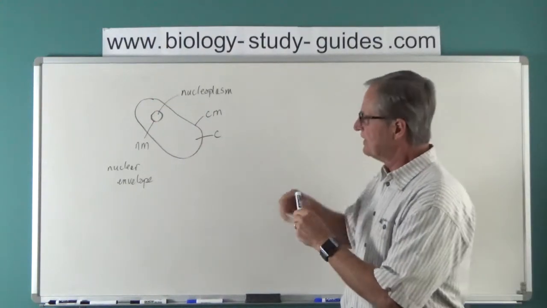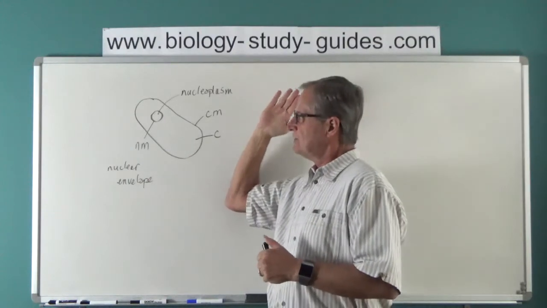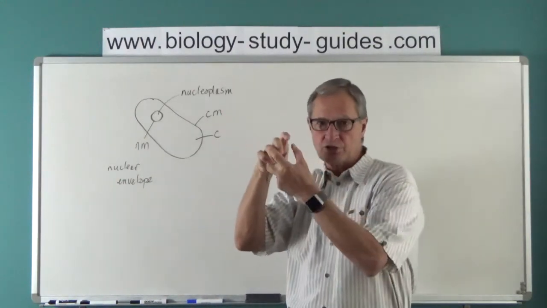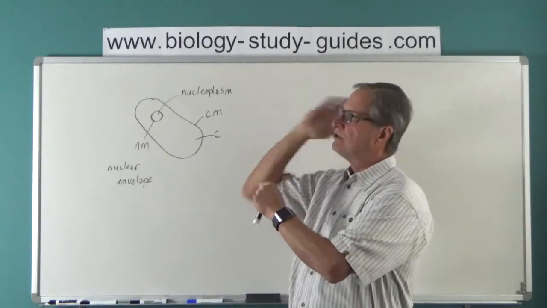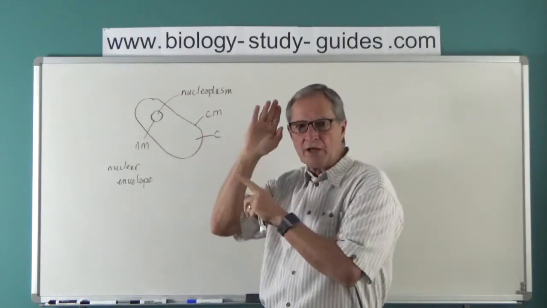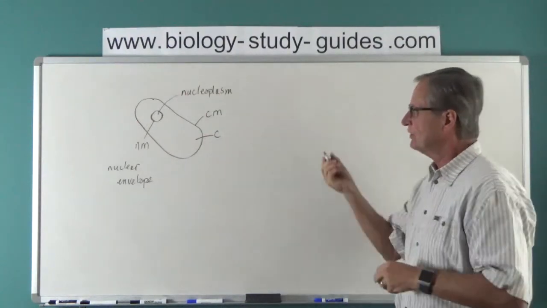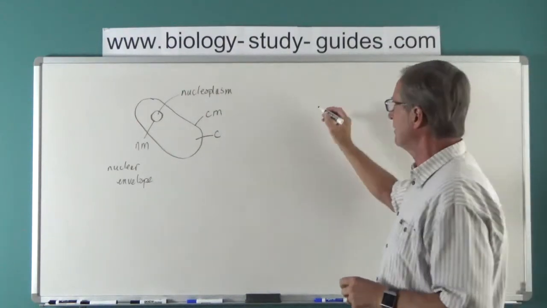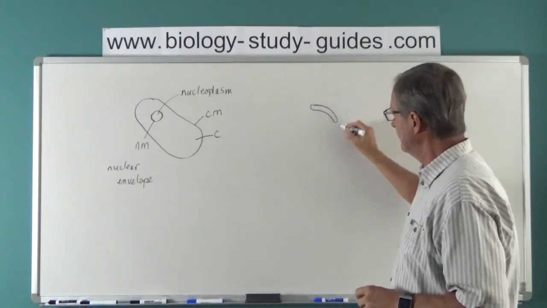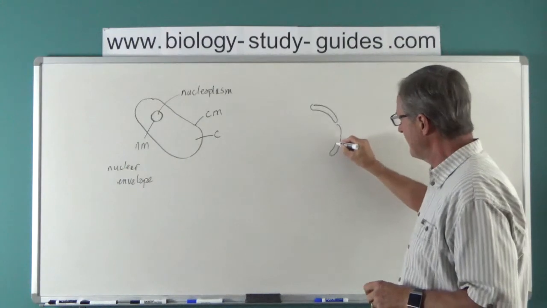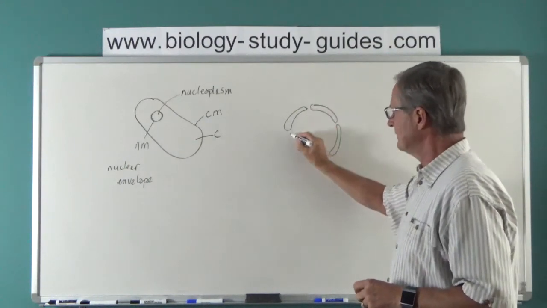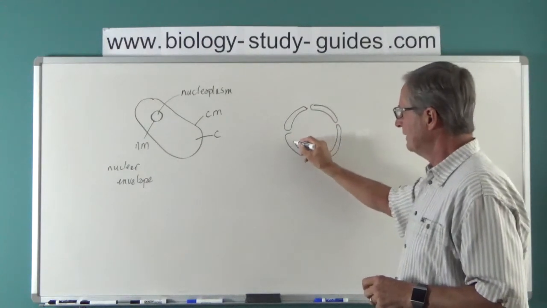For the sake of the diagram, I'm going to suggest that I was able to slice the nucleus. It's spherical in structure, but if I slice it through like that and look at one level, we might see something that looks like this. Give me a second and I'll draw it.